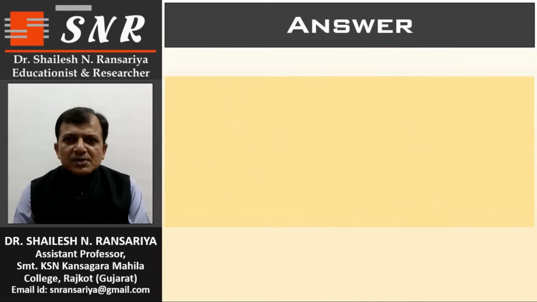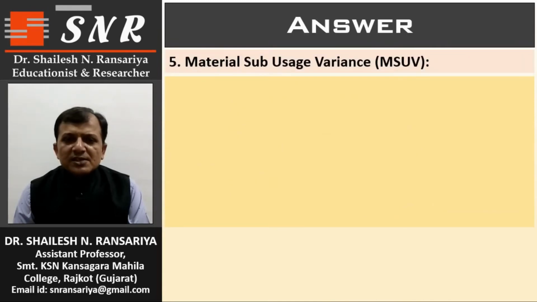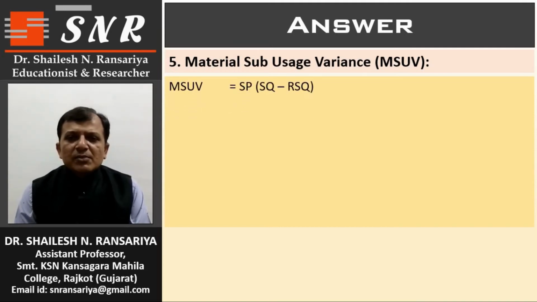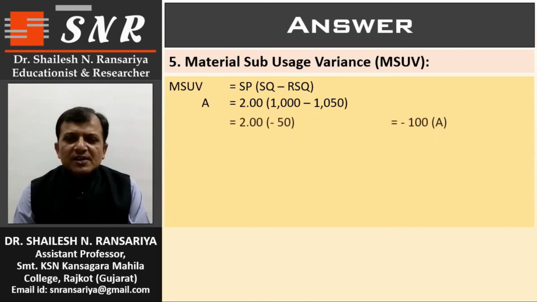Now variance number 5, material sub usage variance. MSUV is equal to SP into bracket SQ minus RSQ. For material A, SP 2, SQ 1000 minus RSQ 1050. So 2 multiply minus 50, it is minus 100 adverse. For B, SP is 4 into bracket 700 minus 735.